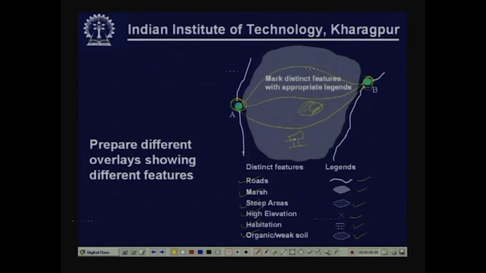So, we know which areas we should try to avoid, and because there may be a number of features existing in that area, it may be necessary that we prepare a number of overlays.